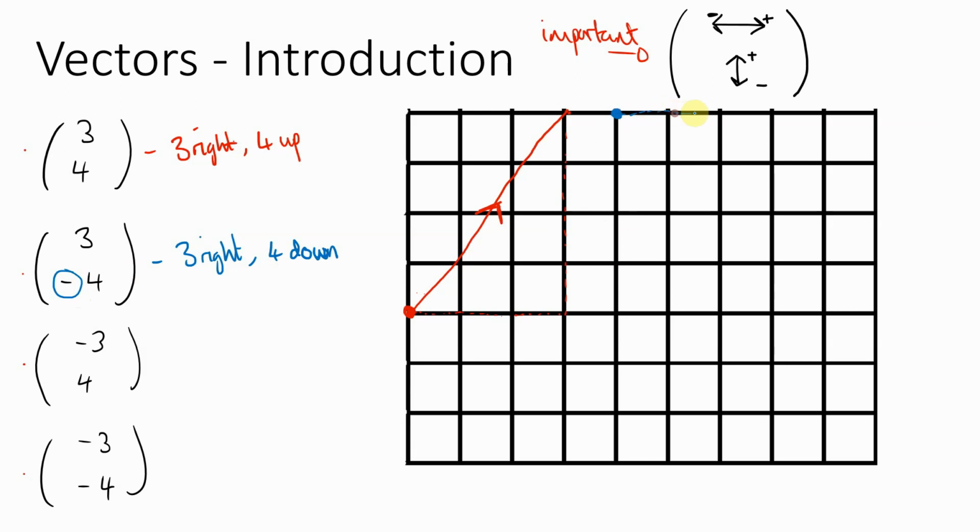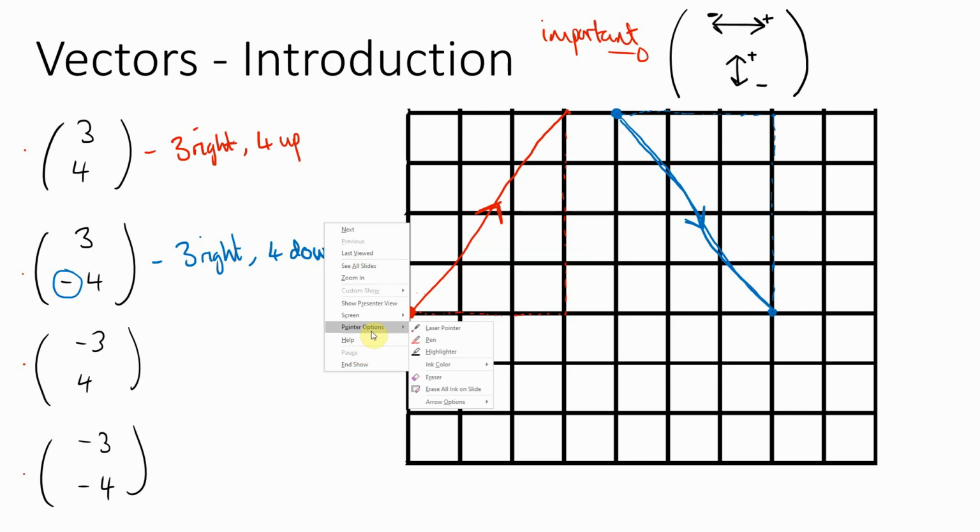So 1, 2, 3, and then 1, 2, 3, 4. We're going to end here, so just get a straight line between these. You'd use a ruler if you were doing this, and stick an arrow on to show which direction you go in. I'm going to try and get a better line than that. Oh, I've done it even worse. You get where I'm coming from: a straight line, and an arrow showing which direction you've moved.